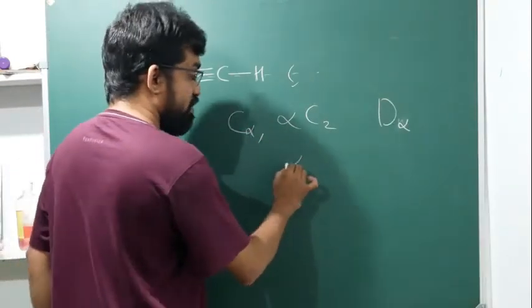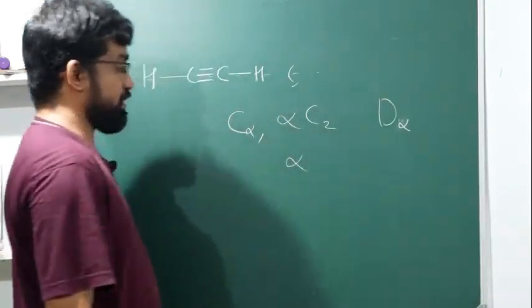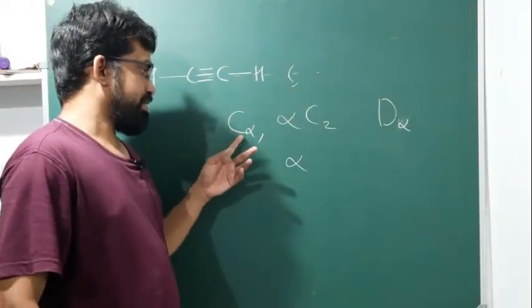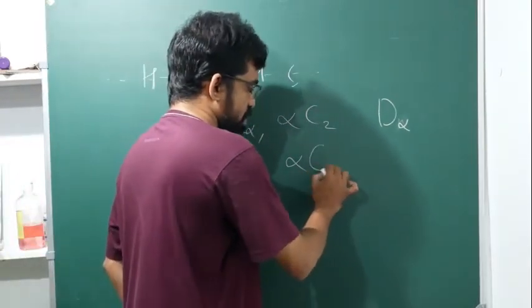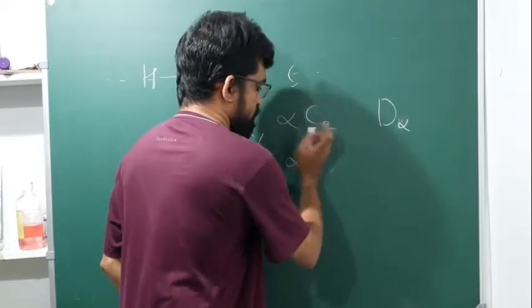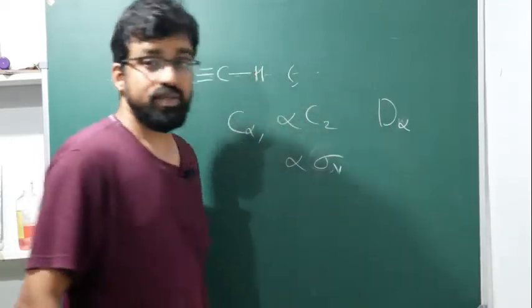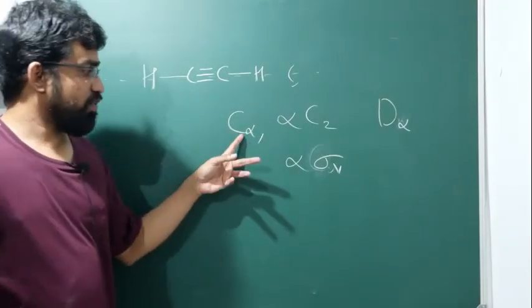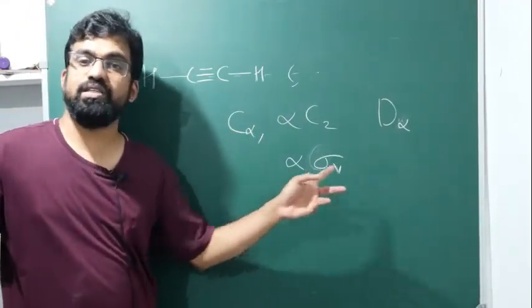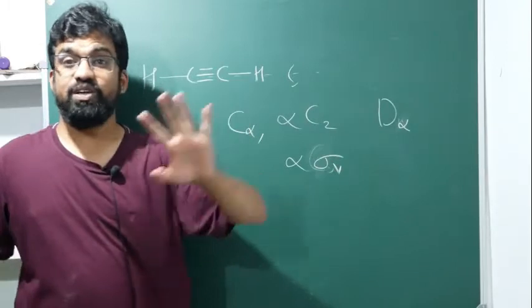Again, C infinity is there, and infinite sigma v is also there. If there is C infinite and infinite sigma v, then it belongs to C infinite V.